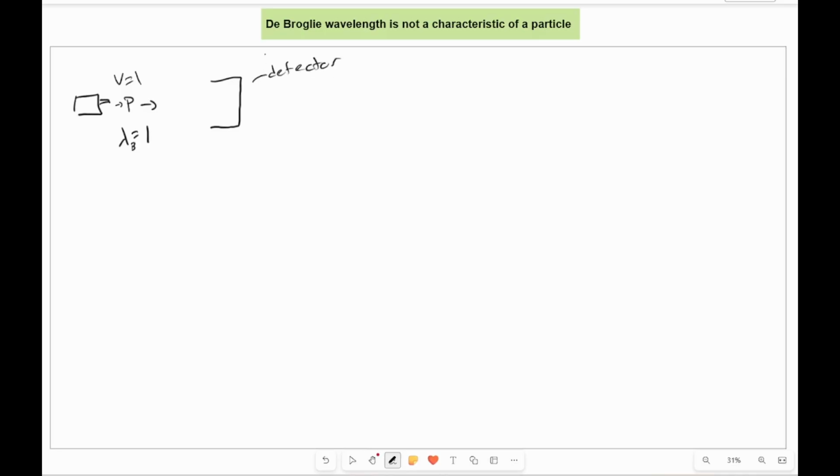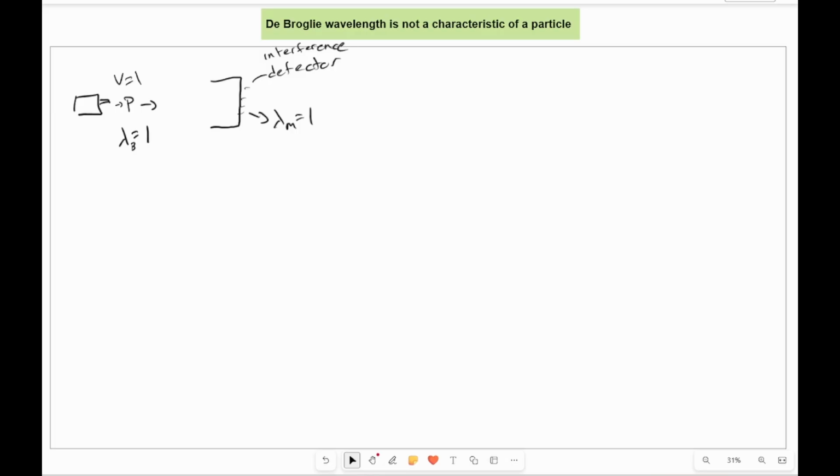And then we have this detector, and this is going to be interference. So this is basically some sort of double slit experiment, but it's going to look at the characteristics of the wave of this particular particle and maybe measure it. If you record the interference pattern, we can do the math and say that what's measured here is going to be 1 as well. I'm not even putting units on this because it's just conceptual.